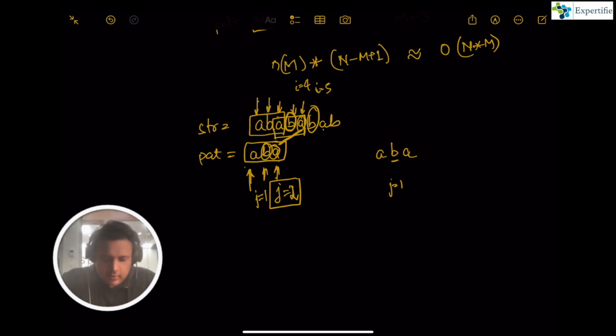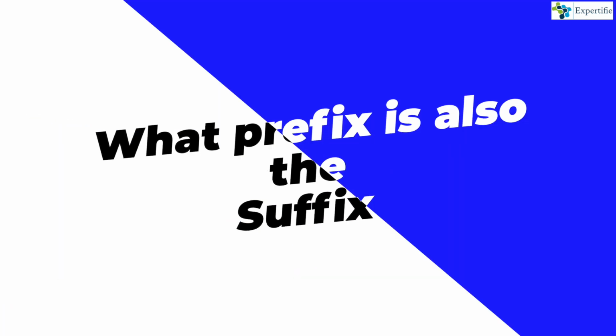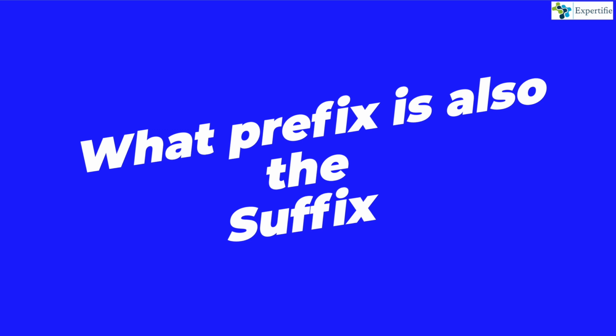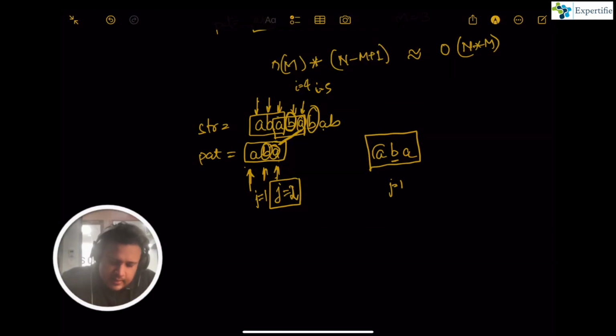And the answer is that in this string, we tried to find what prefix is also the suffix. Okay, so we can see that string A is a prefix which is also a suffix of this string, isn't it? Right? What does that mean?